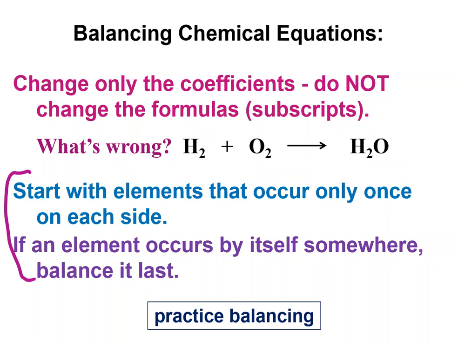Sometimes you have 2 products that both have oxygen, which makes oxygen hard to balance, so don't start with an element like that. Start with elements that only occur one place on each side of the equation. And the other thing is, if you see an element that is by itself somewhere, not in a compound, that's a good one to leave for last, because if you put a coefficient in front of it, it won't change anything else you've already done.